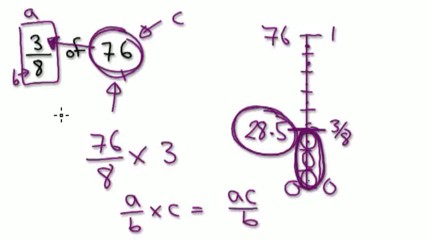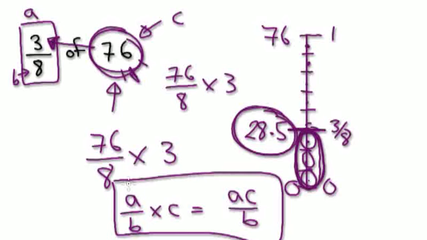So normally I would ask you to get the whole amount, which in this case is this thing here, 76, and then divide into 8 equal parts, and then because you're talking about 3 parts, you times it by 3. Or another way of doing it is, when you times a fraction, you can just multiply it to the top. So you could just get 3 times 76 and then divided by 8.